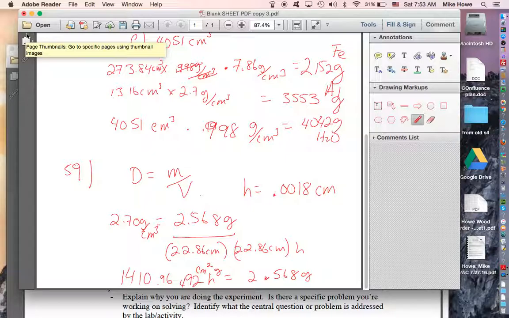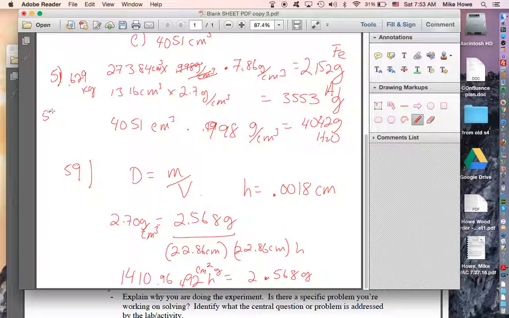Okay, so we did 51. In 51 we got 0.629 kilograms.